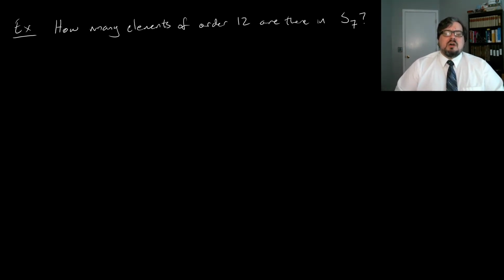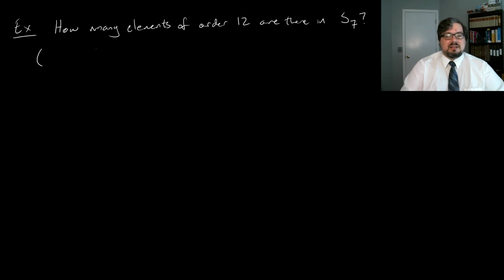So we know now that an element is going to be of order 12 if it's a product of cycles where the least common multiple of all of the lengths of those cycles is 12. So we can think about how many ways there are for us to set that up.